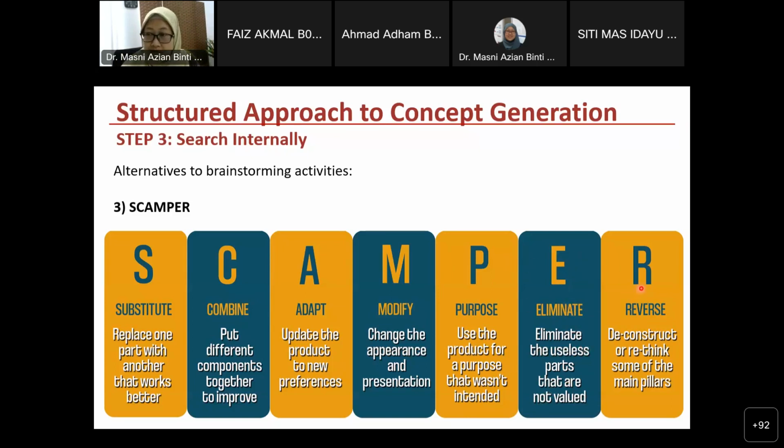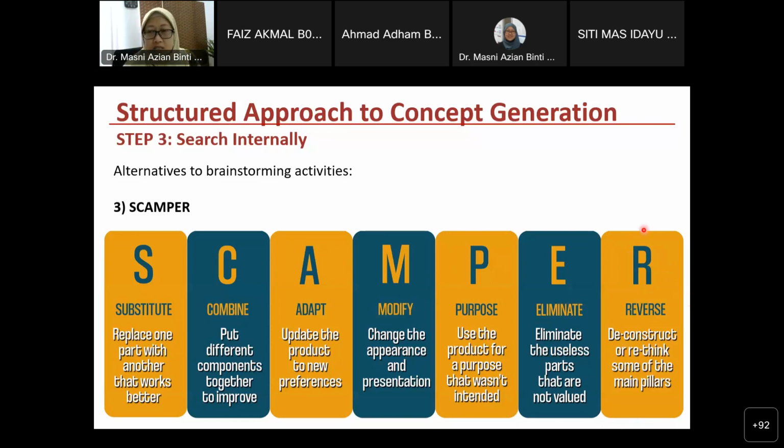Okay, finally the R part is reverse. Reverse means to deconstruct or rethink some of the main pillars, to do reverse engineering. Okay, reverse the design. Think of going back to the root cause.